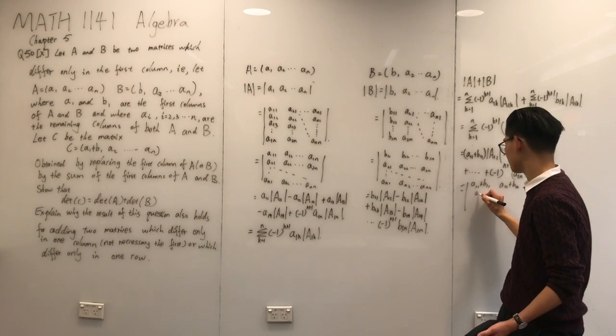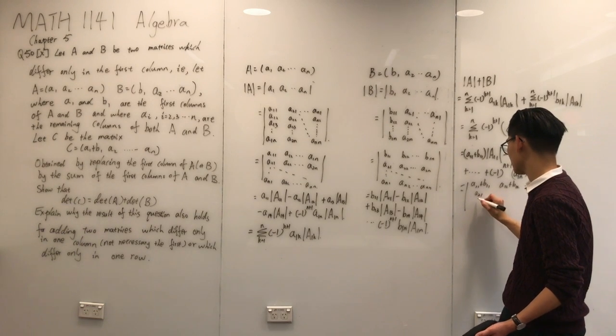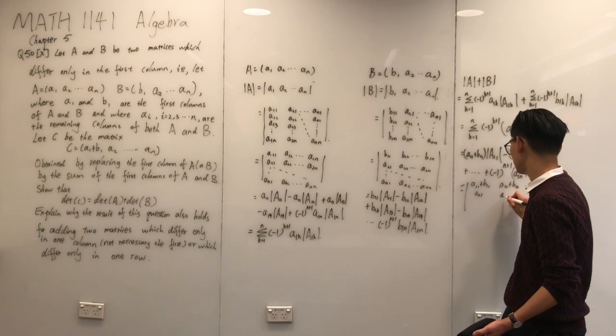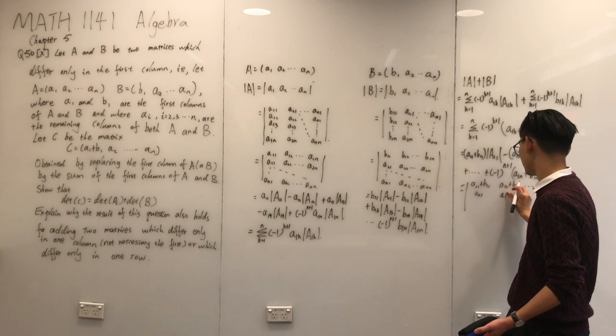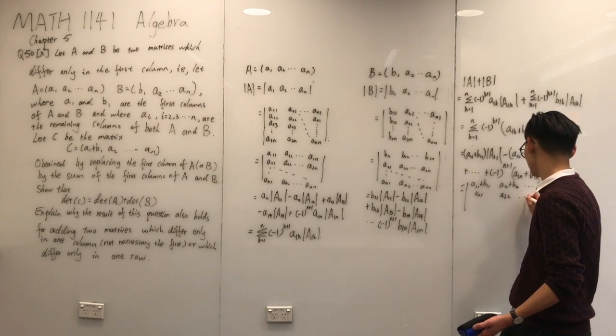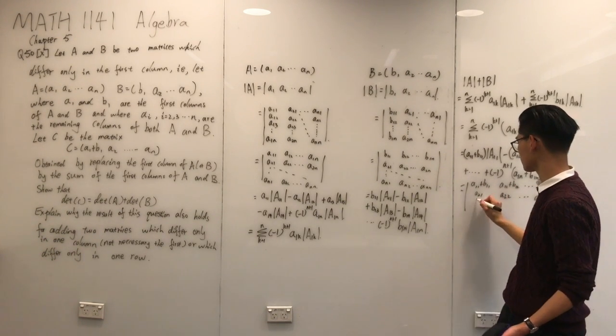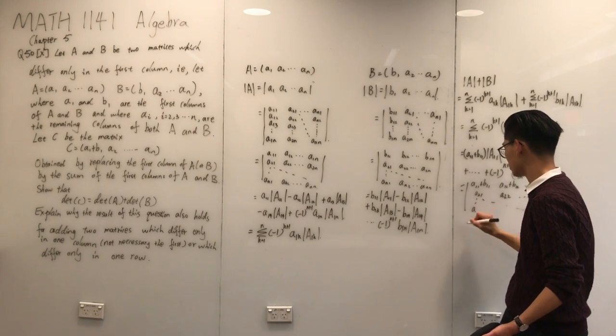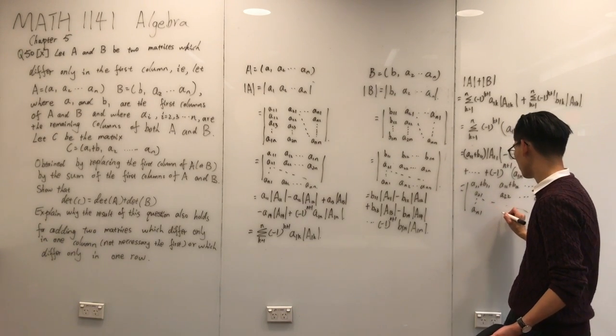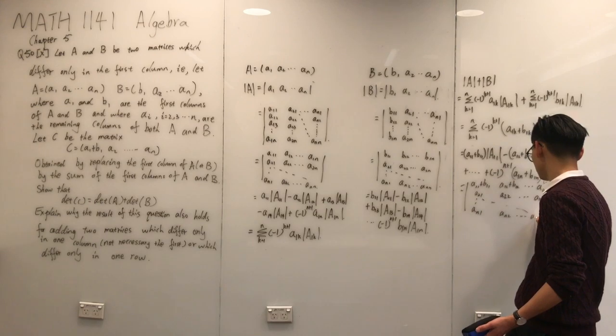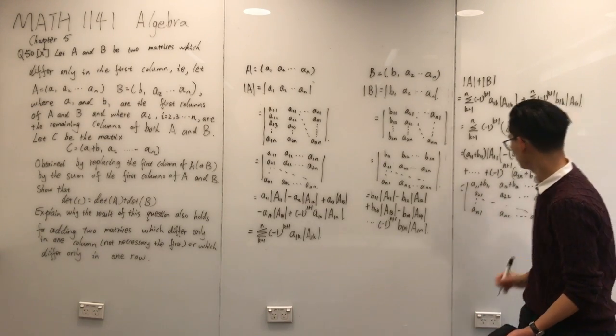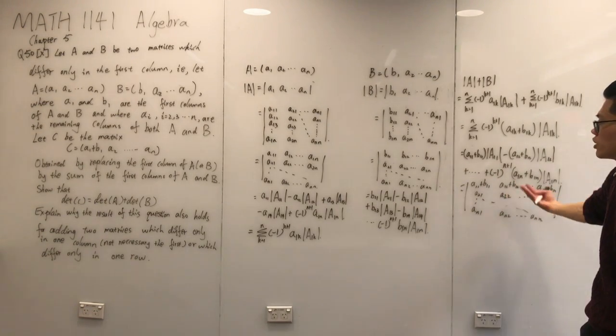We have the second row, A22 to A2n, keep going, and so on to the last row, and we make a transpose.